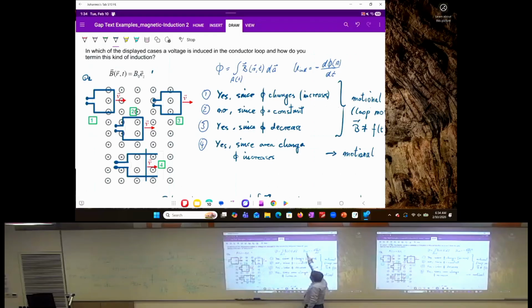And the induced voltage depends on the temporal change of the flux. So at that point of time, you're entering into this field. Gradually, more and more flux is penetrating that area, and you have a temporal change in the flux. That's why you have a voltage induced.